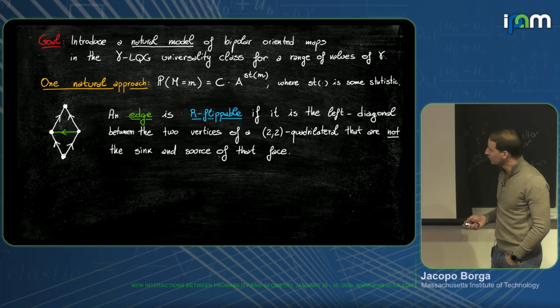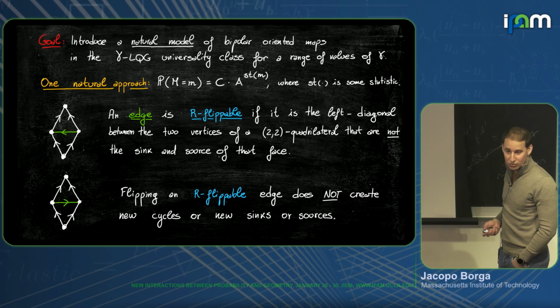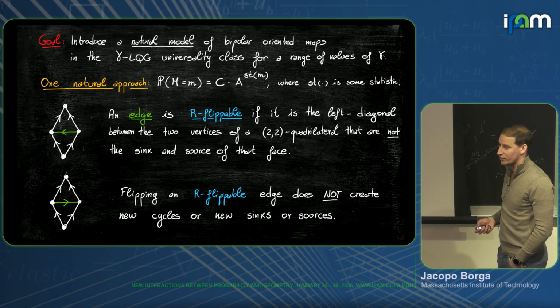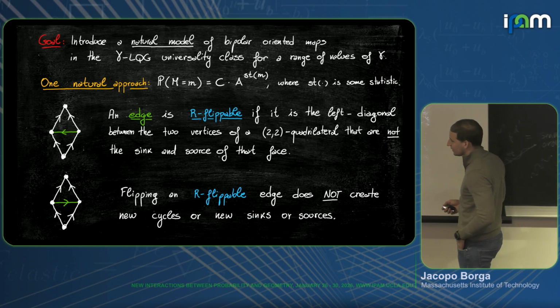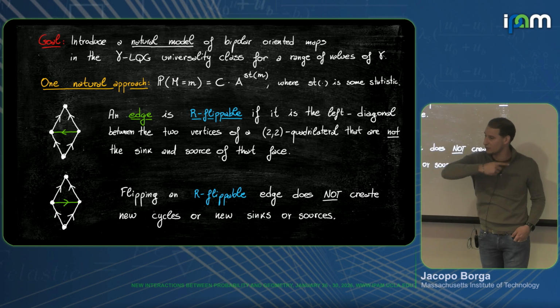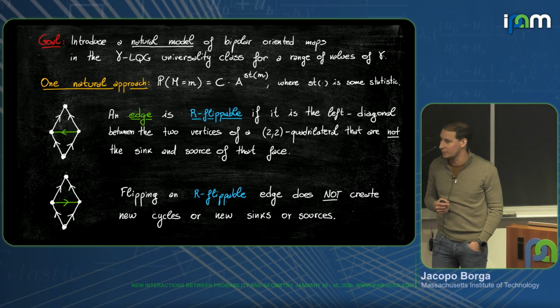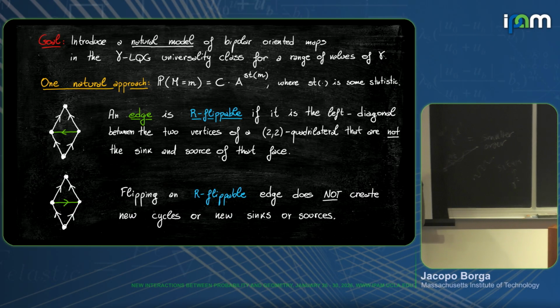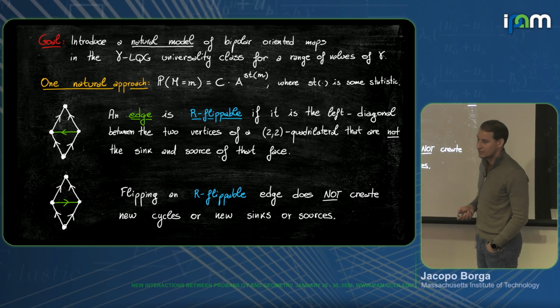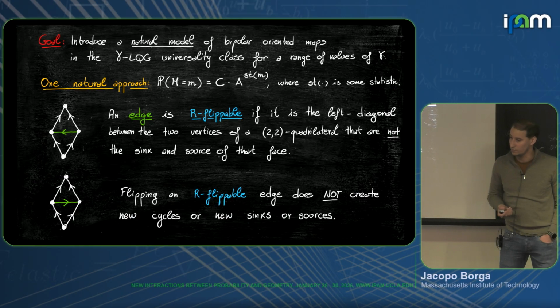Why this? Because if I flip this edge to the right, I do not break the property of being a bipolar orientation. So these are exactly the edges that you can flip from left to right in the map and preserve the fact that you are still a bipolar orientation, because you did not create any oriented cycle and you did not create any new sink or source.